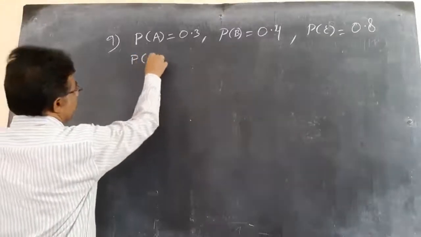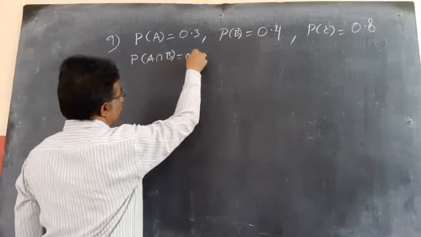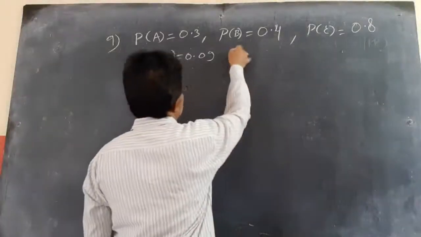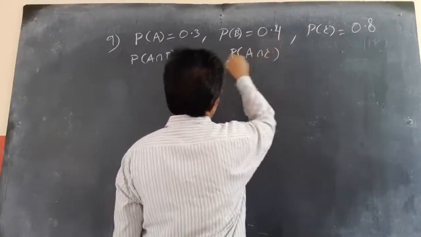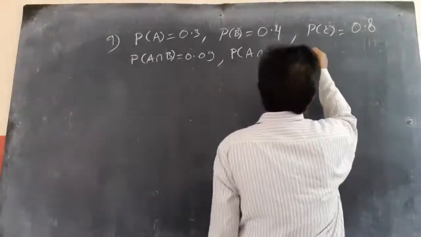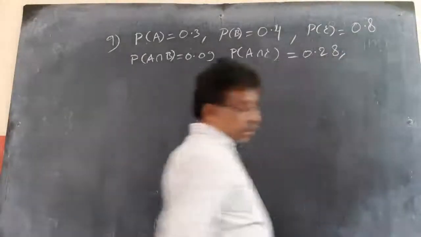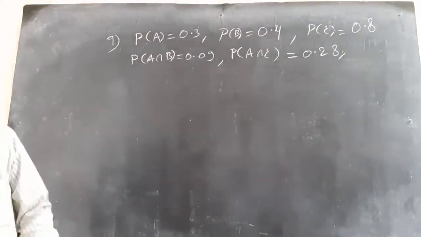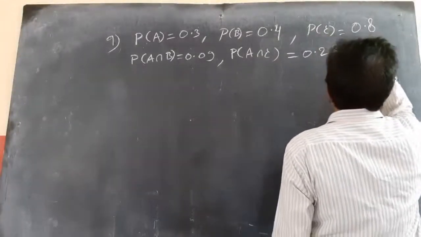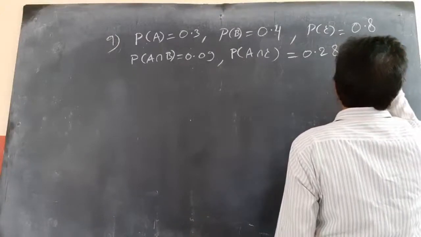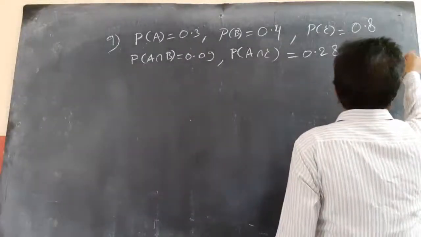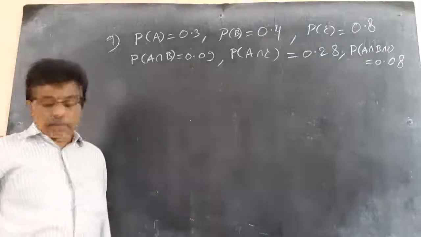P of A intersection C equal to 0.28, and P of A intersection B intersection C equal to 0.08.